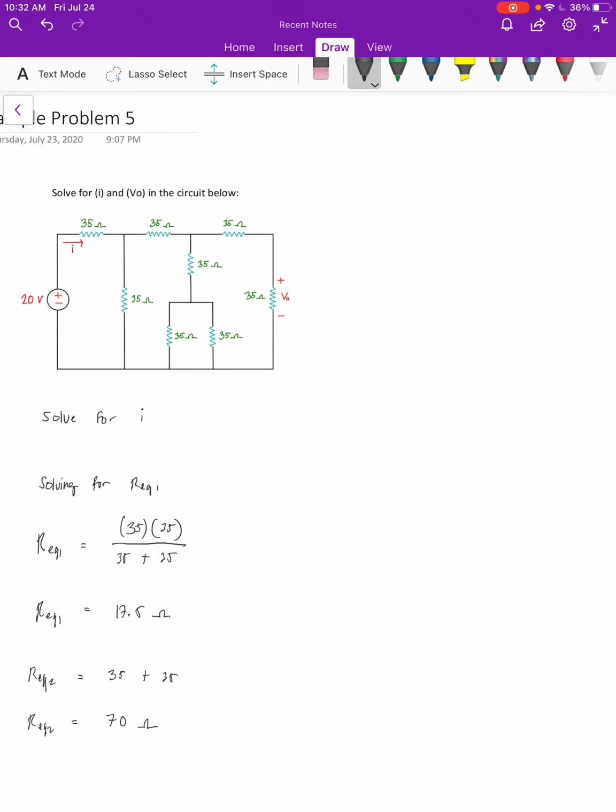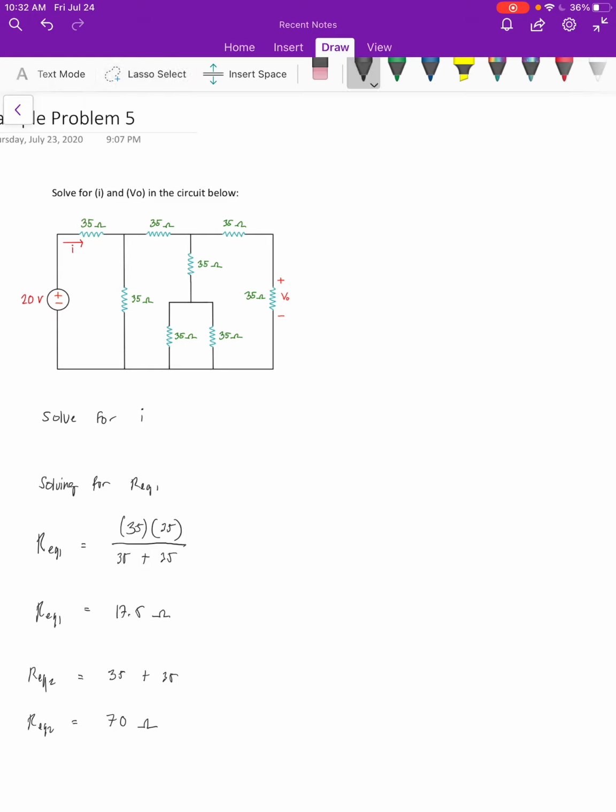Take note for this example so far that when we add resistors in series, they would just be equal to twice the value, and when we add resistors in parallel, say for instance this one, the equivalent resistor would be half of what the selected resistors used to be.